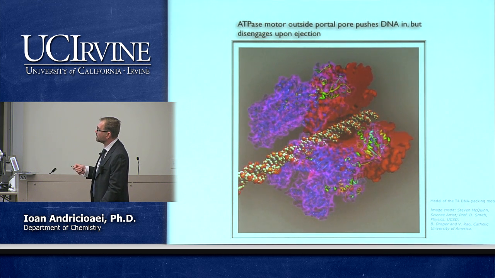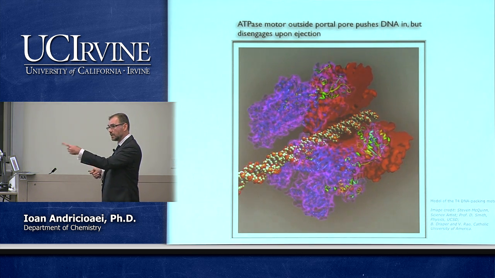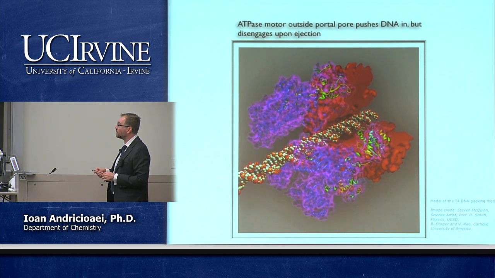That was for various reasons, mainly having to do with a symmetry mismatch between the motor that pushes the DNA through, which was five-fold symmetric, and the portal, which was six-fold symmetric. So the symmetry mismatch led people to believe that DNA actually rotates like a corkscrew when it gets in and out.